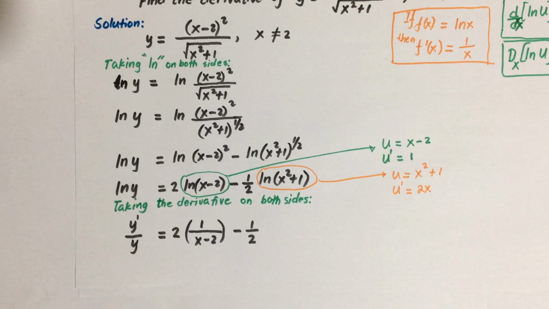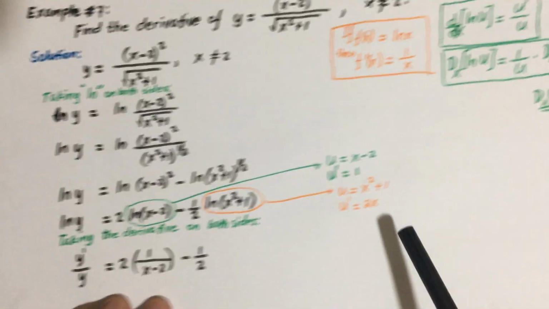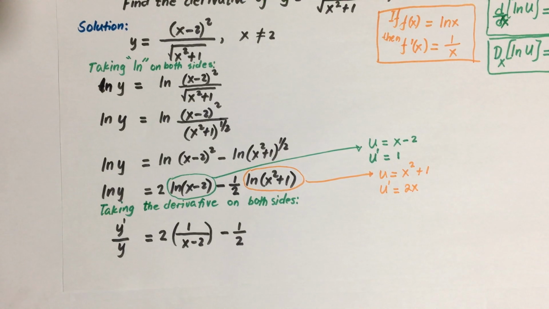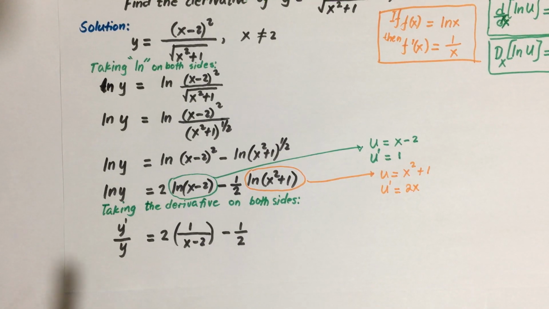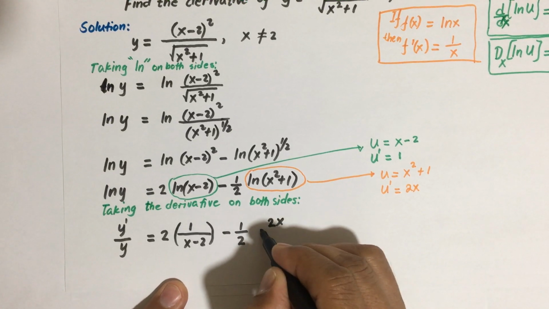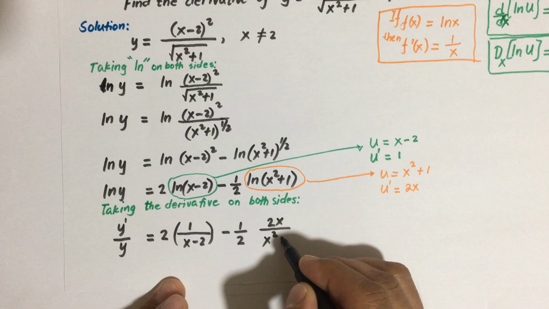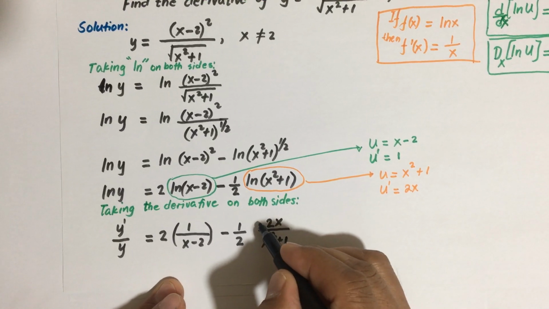Using the formula, the derivative of ln u is u prime over u, so we have 2x divided by x squared plus 1.